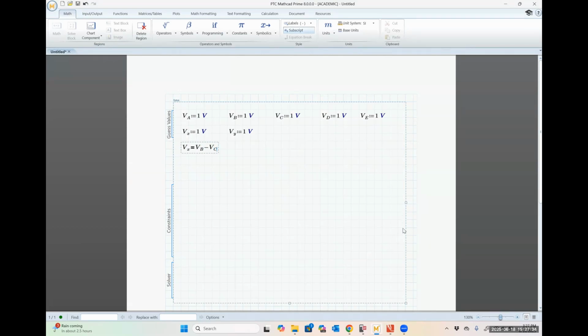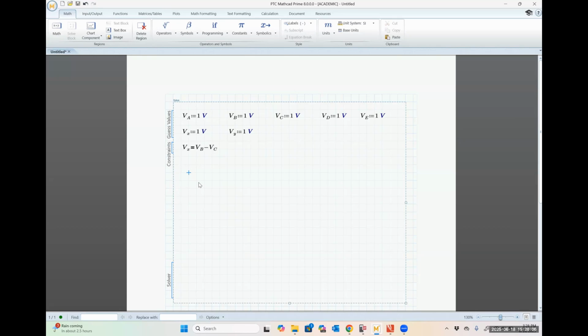What this boldface equal sign essentially means is everything on the left-hand side has to be exactly equal to everything on the right-hand side. When I click out of this, we're going to see that the constraint part jumps up to include this, so these sections will automatically expand or shrink to accommodate where we're putting stuff in.